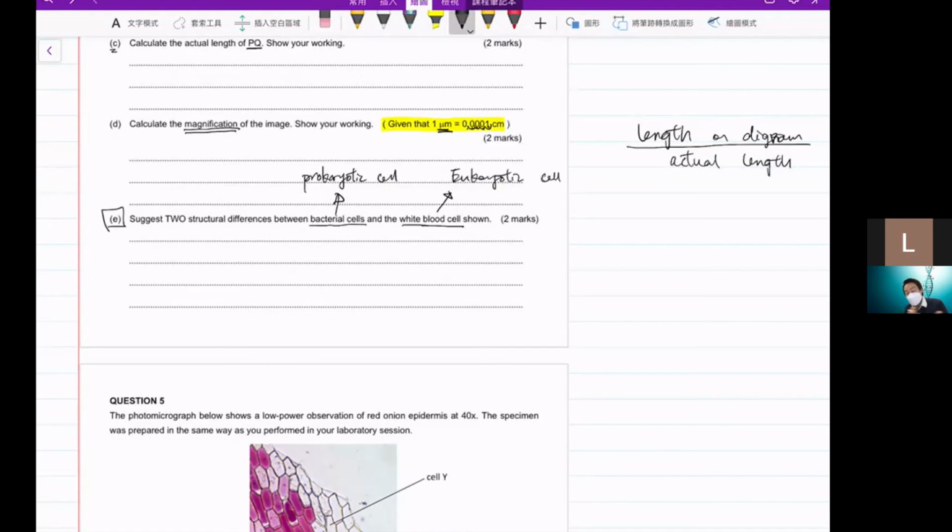So actually this question just wants you to recall what the differences are between prokaryotic cell and eukaryotic cell. I'm not going to give you the answer. Just go back to your notes, find out the answer. All right, do the correction yourself.